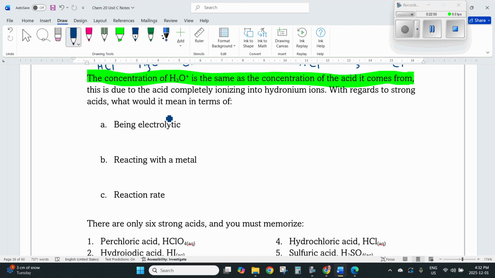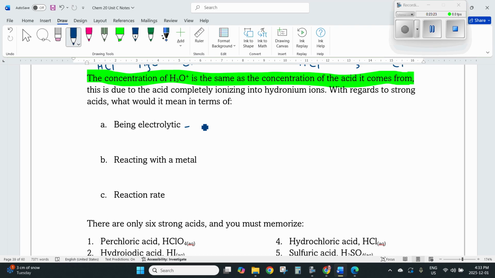It is important to understand what this means in terms of being electrolytic, or what it means for the properties of the acids. If you have a strong electrolyte, it's going to have more available ions to conduct. Anytime you are an electrolytic substance, going back to your solubility, it means you dissociate.